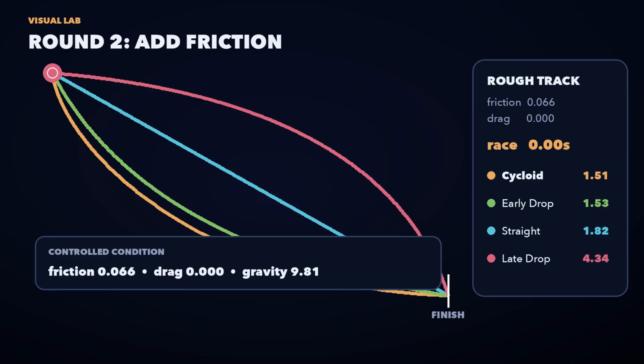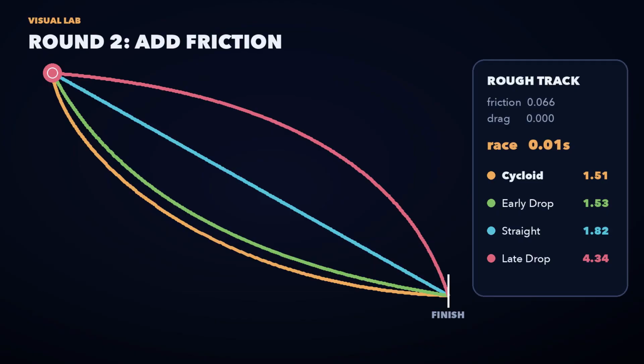For round 2, gravity stays fixed at 9.81, while the friction coefficient becomes 0.066. Nothing else changes. The order is cycloid at 1.505 seconds, early drop at 1.53 seconds, straight at 1.823 seconds, and late drop at 4.344 seconds.